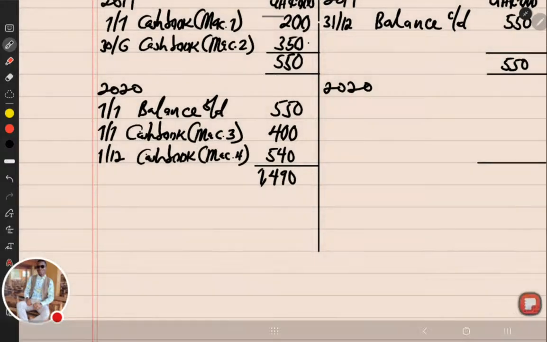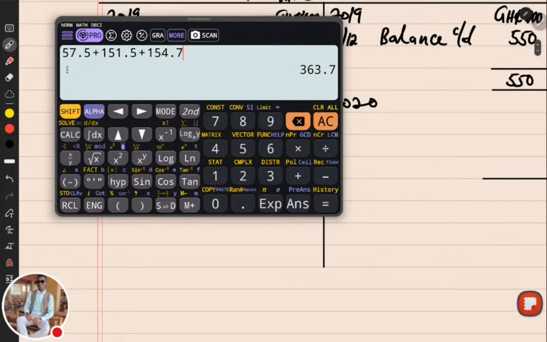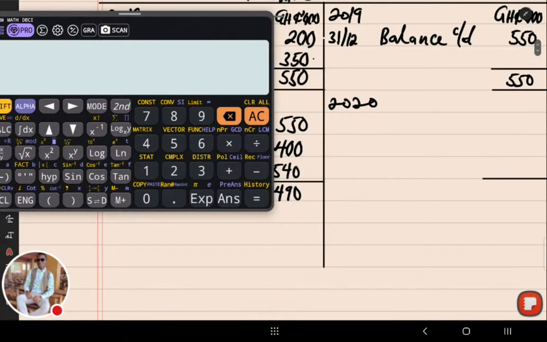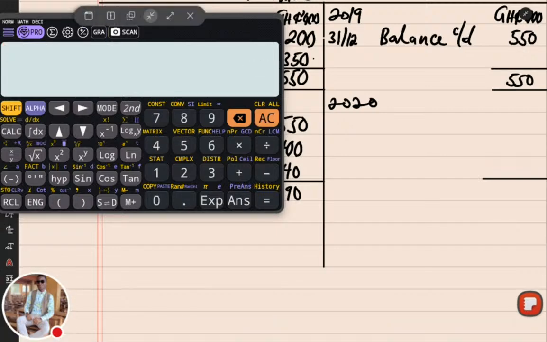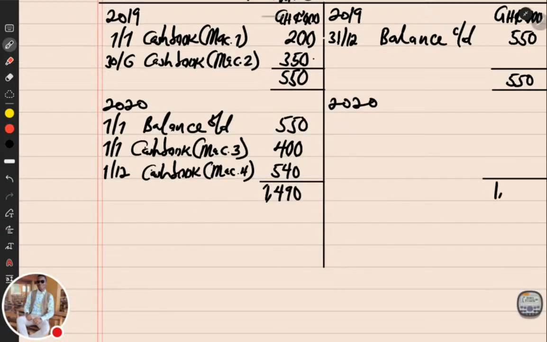Let's check that and see. So we have 550, we have 400, then we have 540. Yeah, 1,490 on both sides.